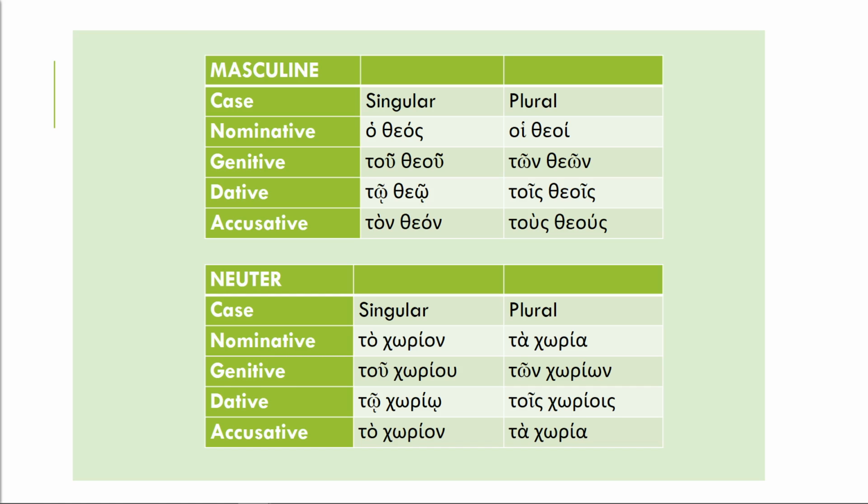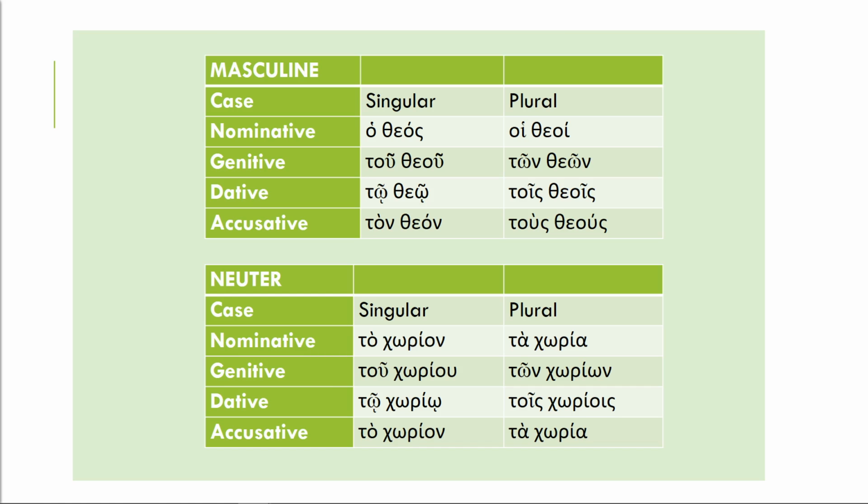So, to chōrion, tou chōriou, tōi chōriōi, to chōrion. Ta chōria, tōn chōriōn, tois chōriois, and ta chōria. So if you know the article, you know these endings. Just know to add a nu to the neuter singulars.